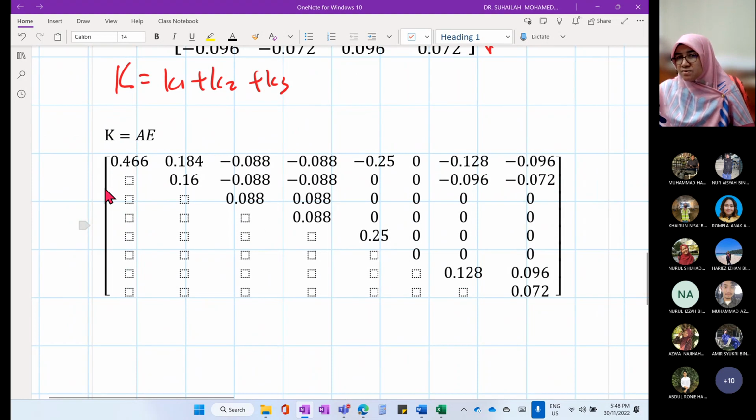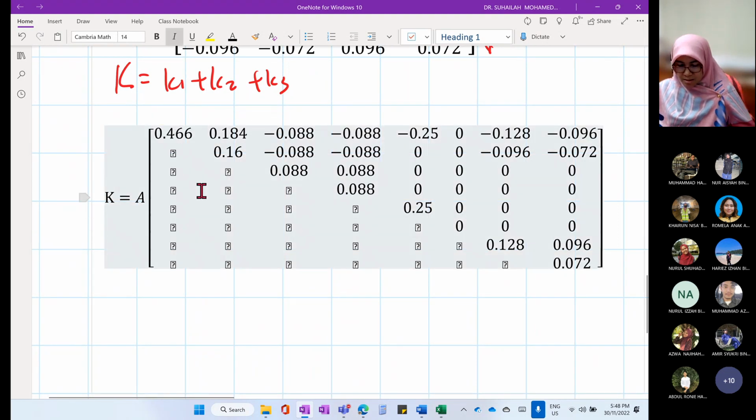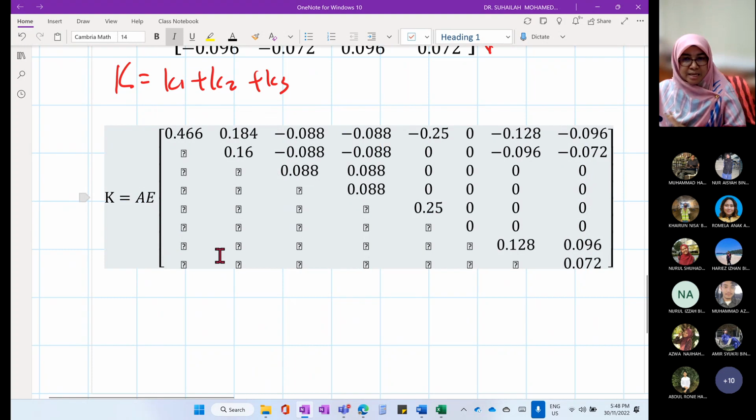It is in terms of AE. I will correct it later. Okay, so it is like this.